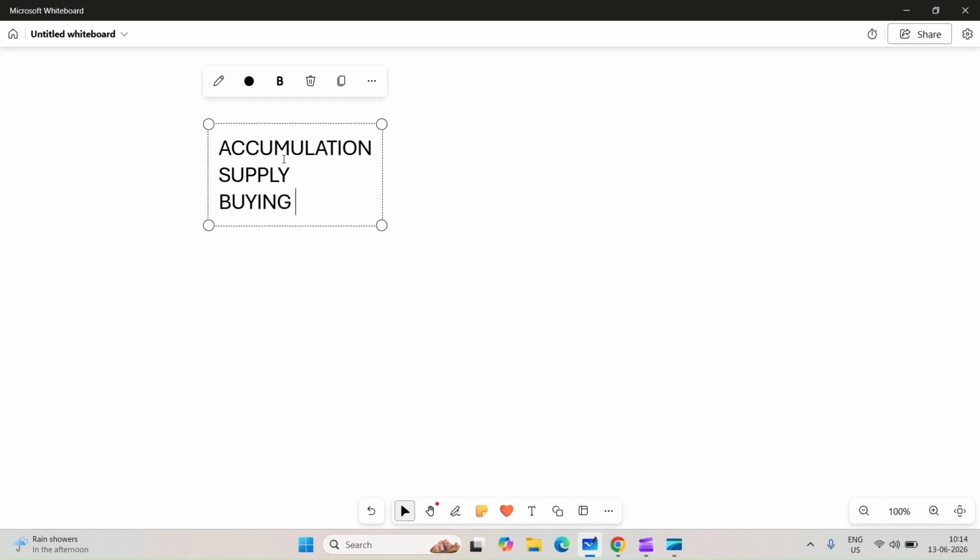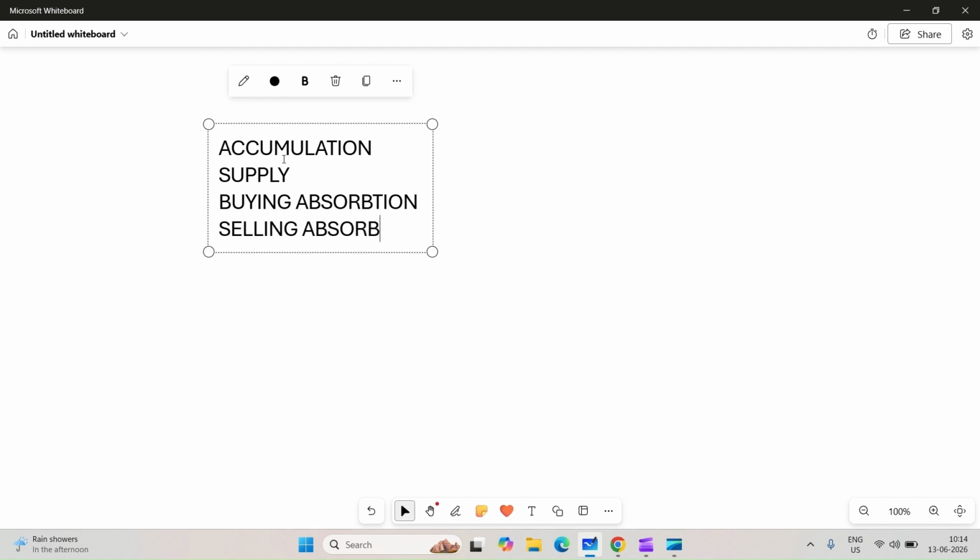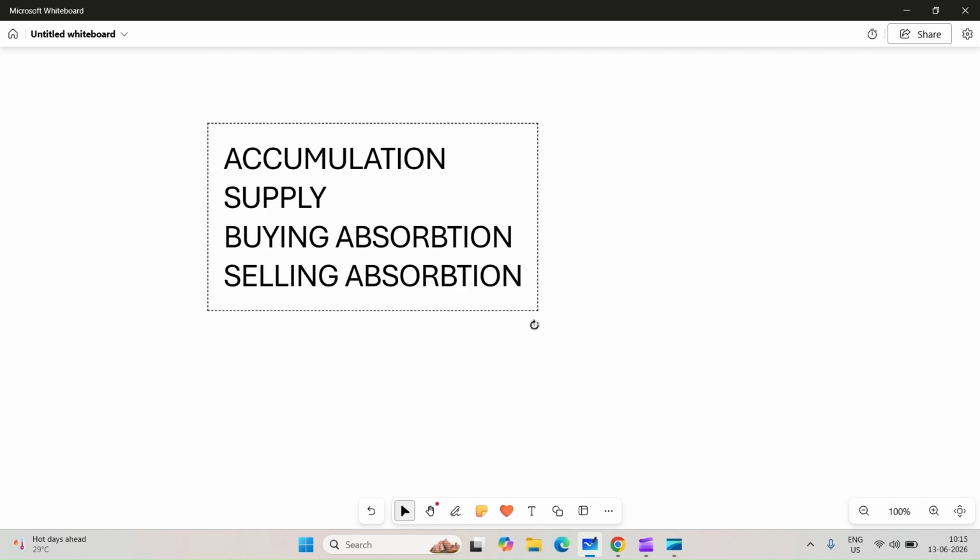Third one is buying absorption, and last one is selling absorption. If you understand these four things, then trading and investment will be a little easier for you. You will be able to take better decisions.